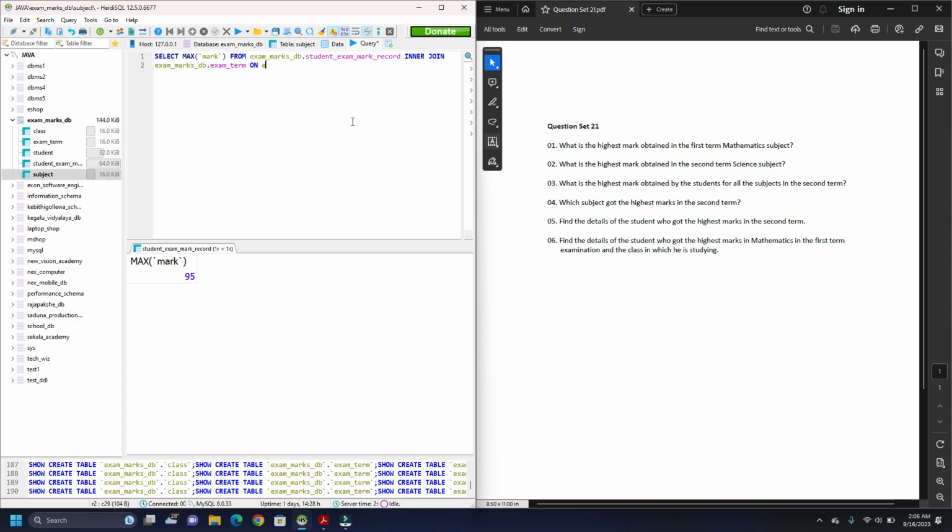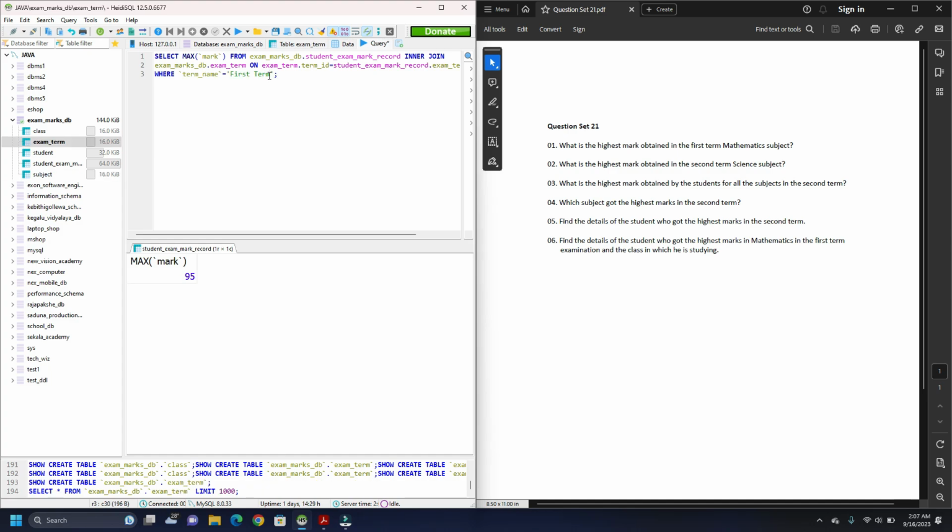The exam term table joins the student exam mark record using the term ID, where the condition says for all subjects in the second term. So the term name equals second term.